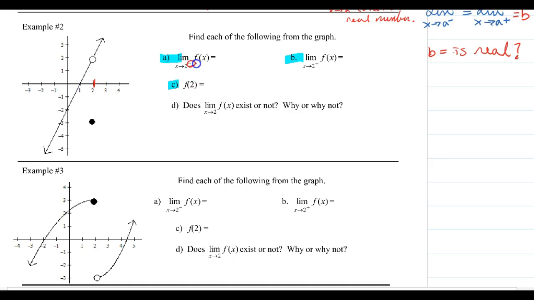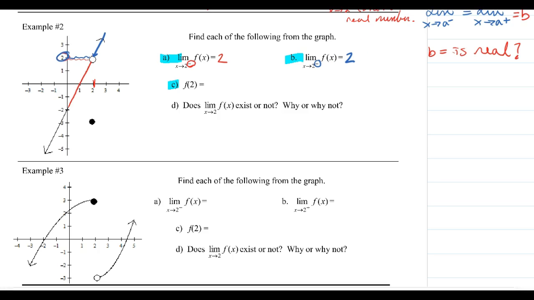From the left, I start to the left and head toward 2, and as I get close to x equals 2, my y value is getting pretty close to 2. So there's my 2. And same thing as I approach 2 from the right, here is right of 2, and I approach and find that I'm also heading toward this y value of 2.